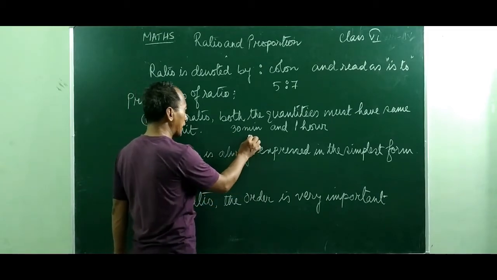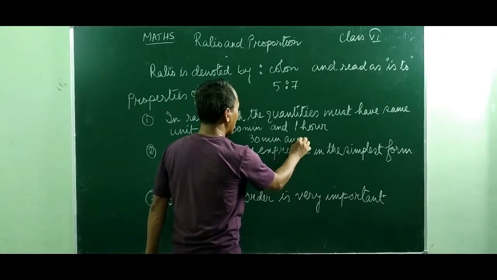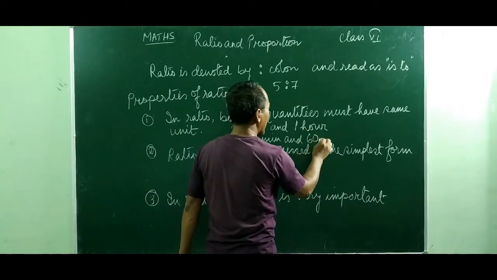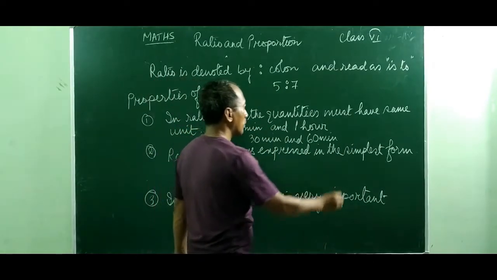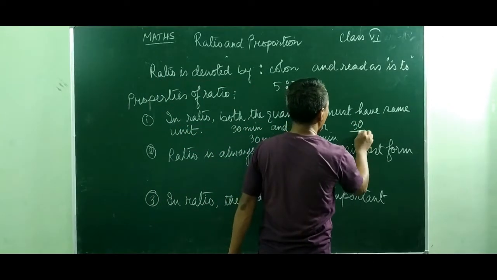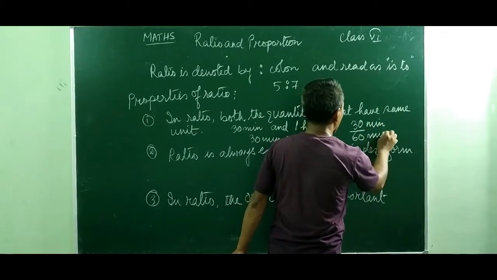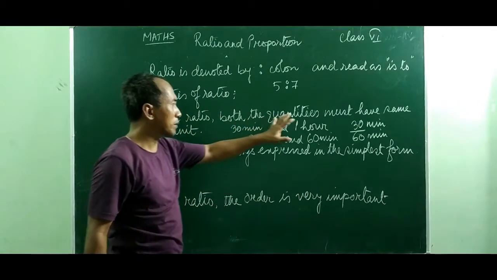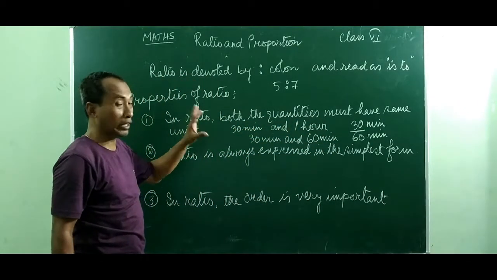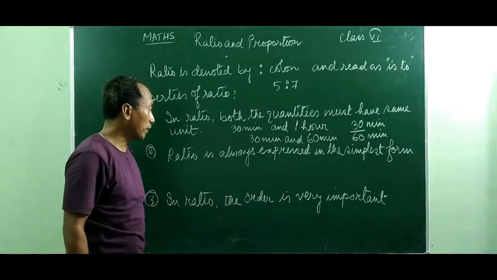So better we convert it as 30 minutes and 1 hour as 60 minutes. So when you form the ratio, it becomes 30 by 60 minutes. The quantities must be same, but the ratio will not have any unit. After cancellation, it will not have any unit.